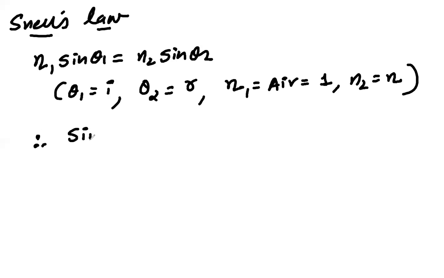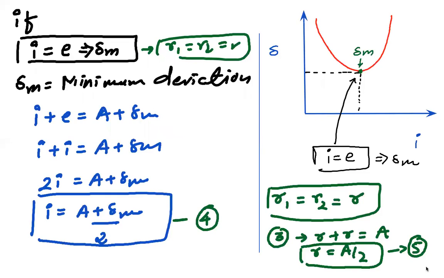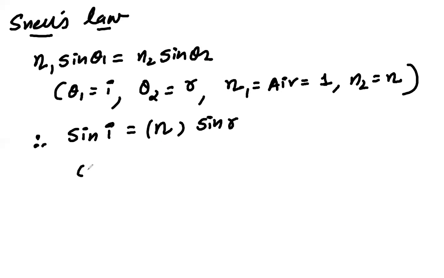So we will have sin i, N1 is 1, N2 we have to find. Sin theta 2 is called sin r. The values of i and r you have available from the fourth and fifth equations. So I am just using those.